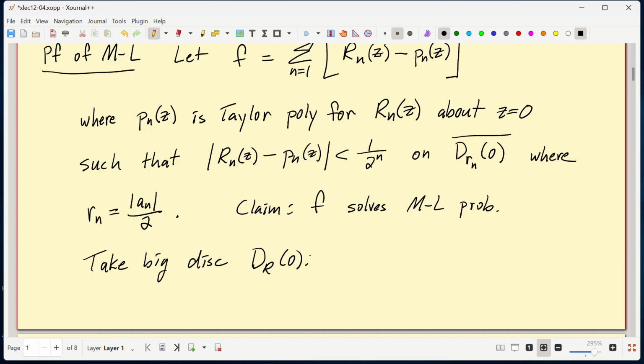I want to show this thing converges on that big disk. Well, there exists an n such that Rn, remember, Rn was the modulus of an, which is going to infinity, over 2. So there exists a capital N so that Rn is bigger than my big R if n is bigger than N.